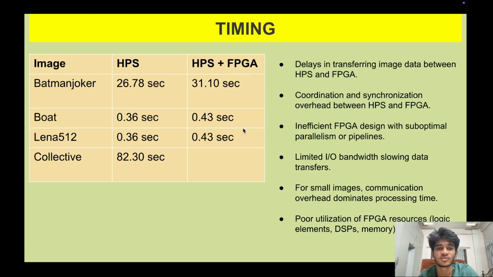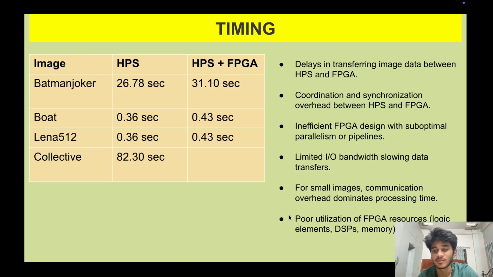As you can observe, these timings are a little bit higher than only on HPS, which is unexpected. There could possibly be many reasons behind this, and these are a few of them.